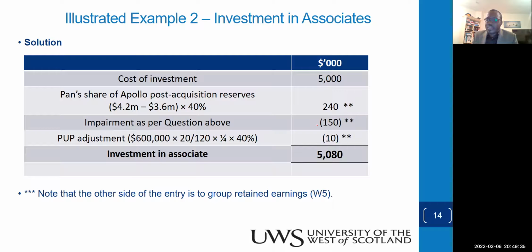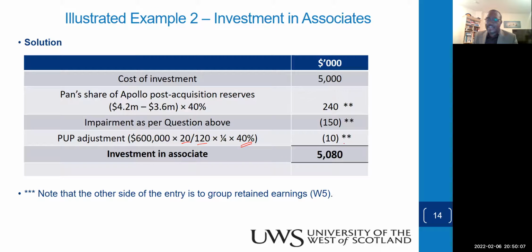The whole 150, you don't prorate it, you don't take 40% for the parent. Similarly, the return leg goes into the parent's group reserves. Then the POP adjustment, like I said, the 20 over the 120 times 1/4. If it was the group situation where we have a subsidiary and parent, what do we do? Everything. But here, for associates, we only take the portion that belongs to the parent, and then we knock it off.